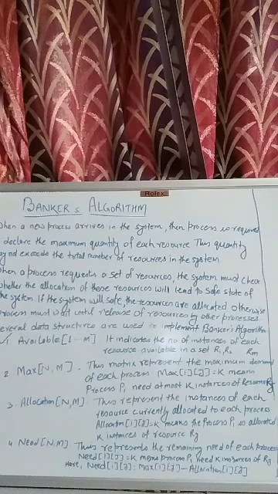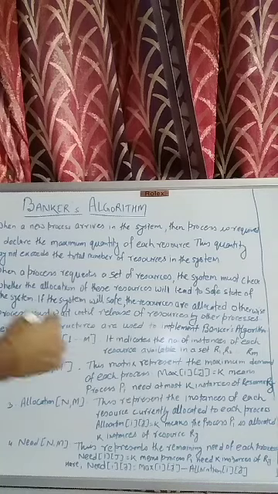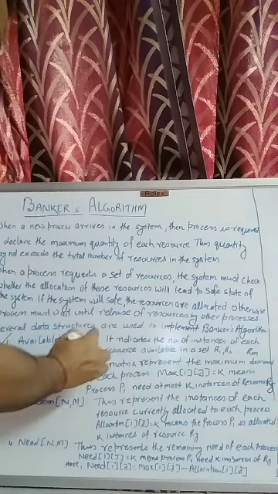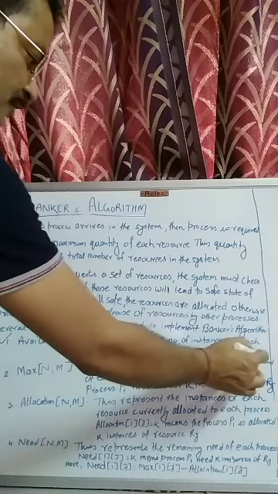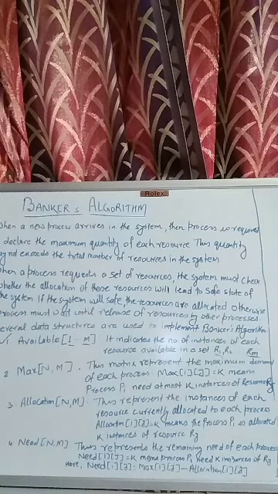This is of length m that indicates the number of instances of each resource available in the system, the resources numbered from 1 to m, that is resources R1 to Rm.